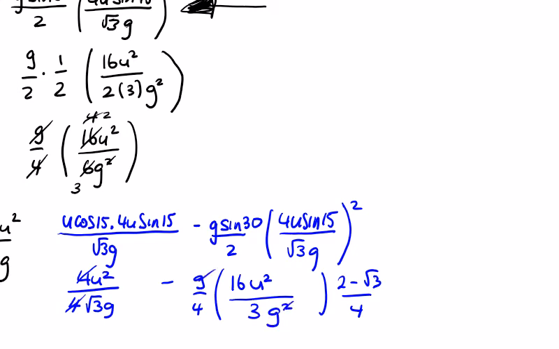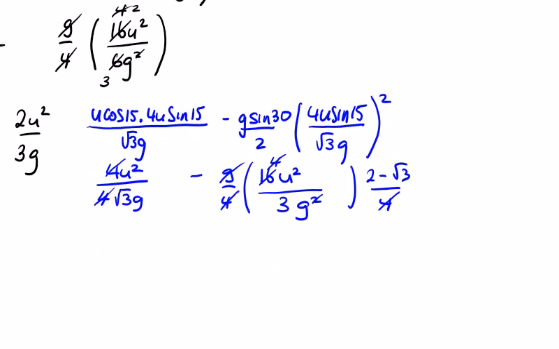Okay, well, we can cancel this one straight away. This divides into this, and we're left with a 4. And this 4 and this 4 will cancel. So let's just write out what we're left with here. On the left, u squared over root 3g minus, we're just left with u squared over 3g times 2 minus root 3.